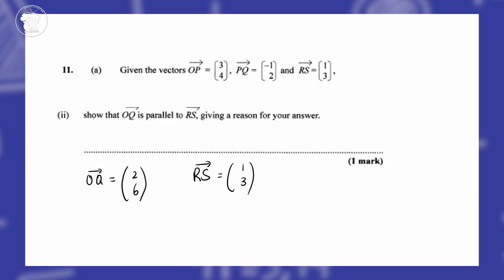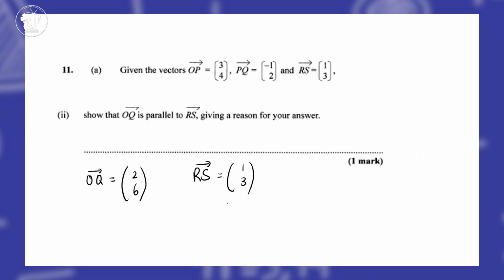So for two vectors to be parallel, one must be a scalar multiple of the other. What does that mean? It means when you multiply either RS by a number, you should get back OQ, or if you multiply OQ by a number, you should get back RS.